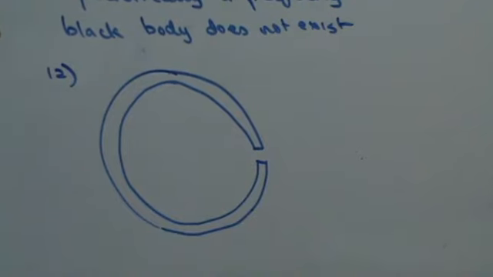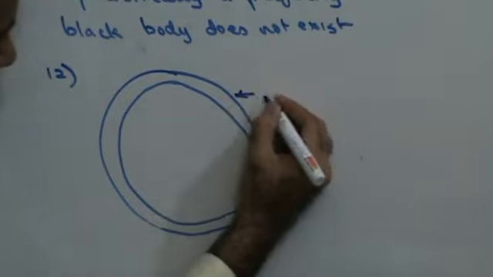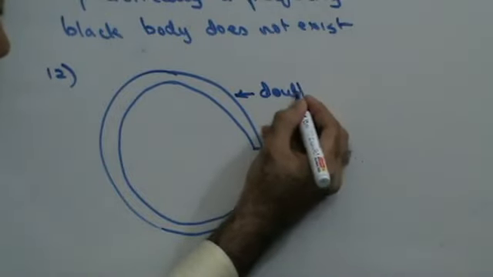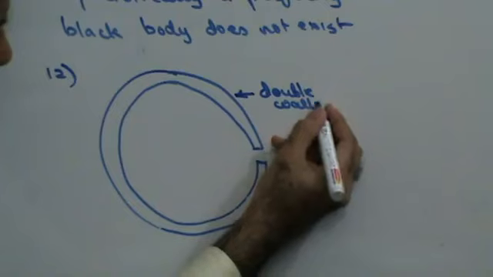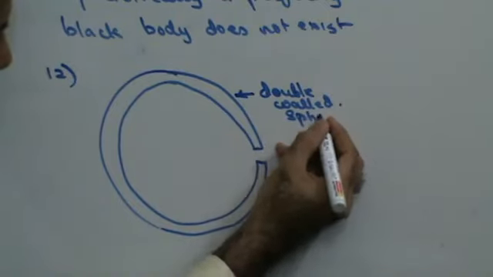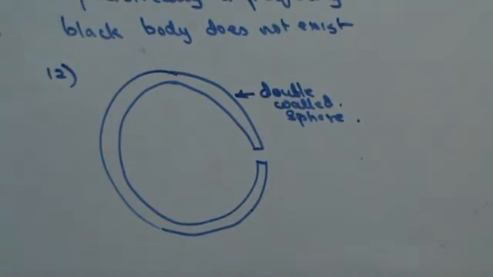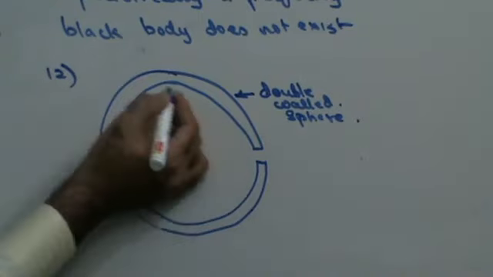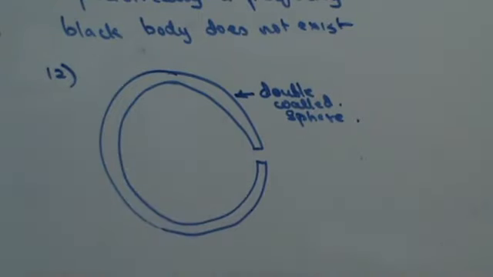Now, the arrangement consists of a double-walled hollow sphere having a narrow opening. The inner surface of this double-walled sphere is coated with lamp black, on the entire inner surface, and the space between the walls is evacuated to minimize loss of heat due to convection.